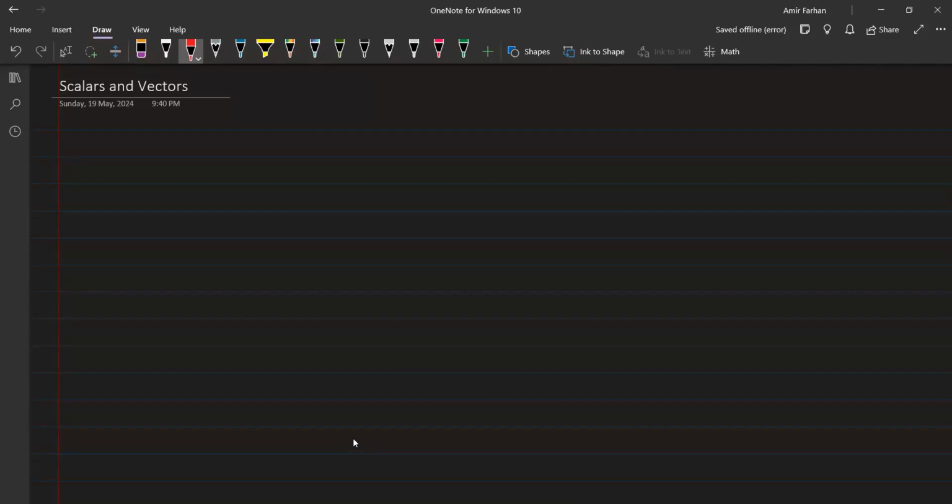So Ayaan, we majorly divide physical quantities into two types. The first one is scalars, the second one is vectors. So first of all, let's understand the scalar first.